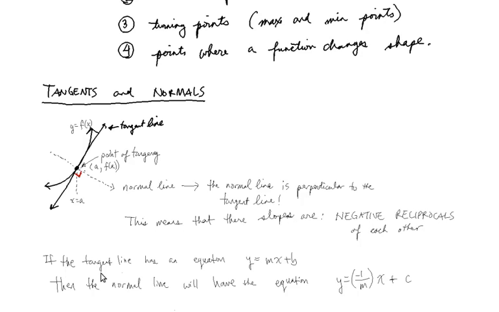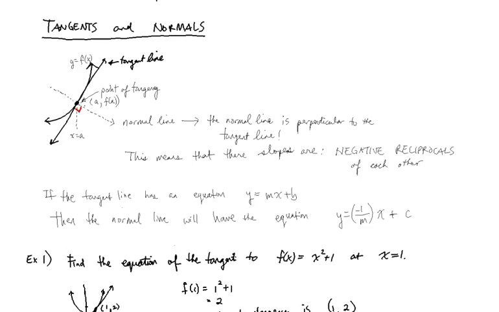For instance, if y equals mx plus b is the equation of the tangent line, then the normal line's equation will be y equals minus 1 over m, where m is the original tangent slope, times x plus c, some other constant, some other y-intercept. In this section we're going to be talking about lines a lot, and you will need to remember how to find equations of lines. All right, so let's look at example 1.